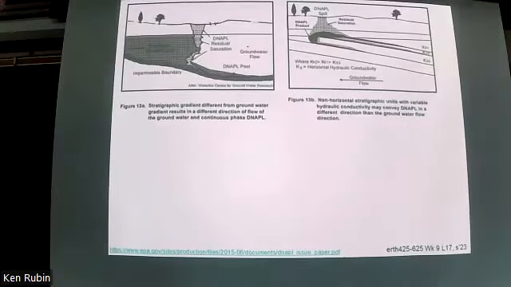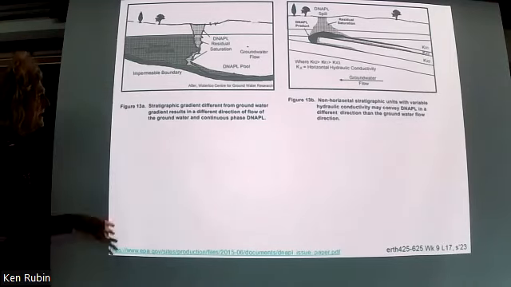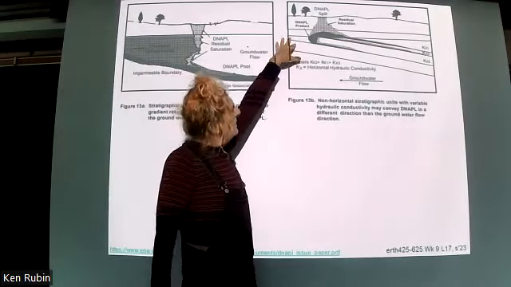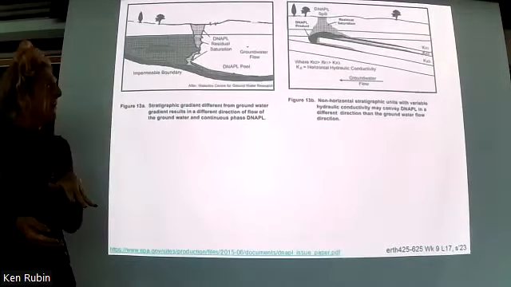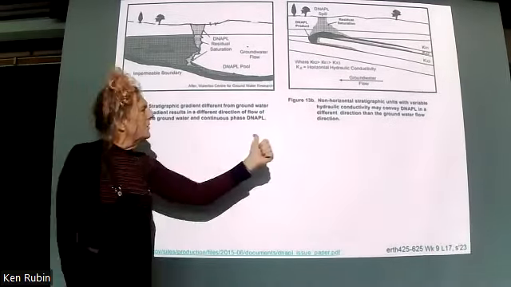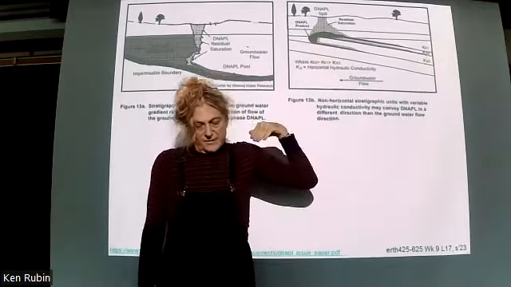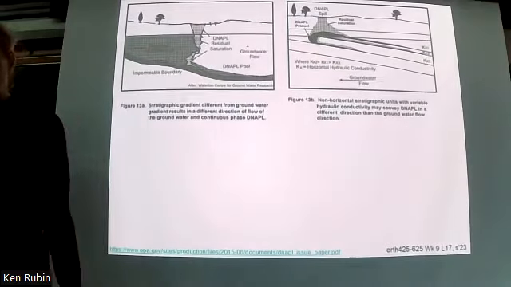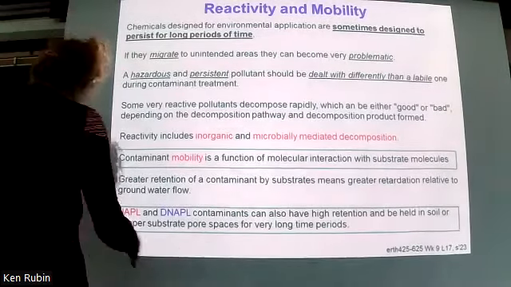These are just a couple of other scenarios. And in this case, because we have a perched aquifer with a sloping base, even if groundwater flow is going this way, this material can flow in the opposite direction because it's following the base of the aquifer. Okay, so that's DNAPLs.